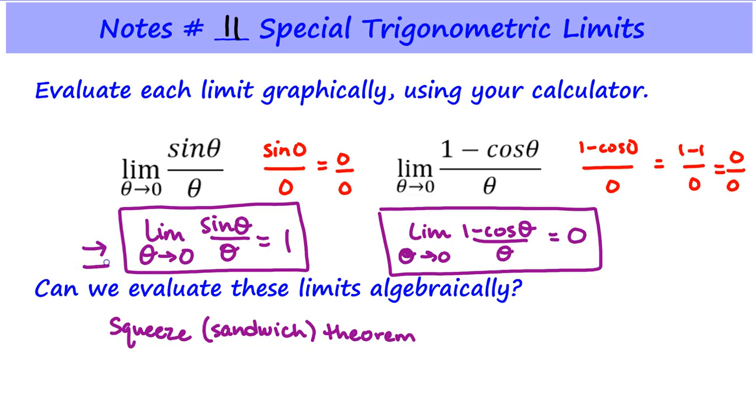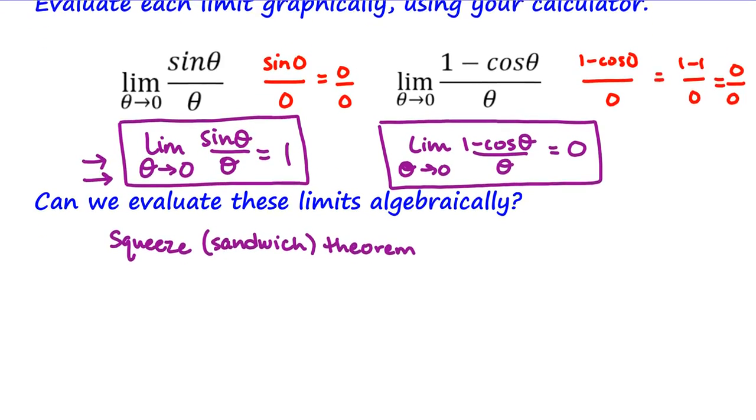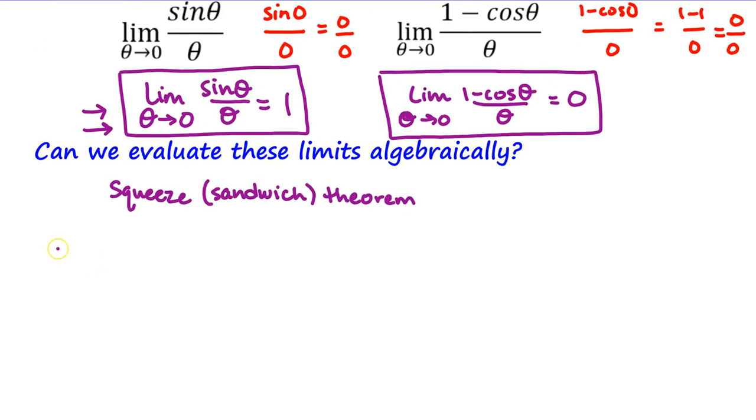Once we've established this first one, we can actually use it to help us prove the second one. So if I want to prove that the limit of 1 minus cosine theta over theta as theta goes to 0 is 0, what I'm going to do is make use of the conjugate of the numerator.